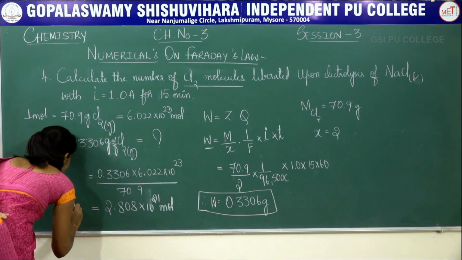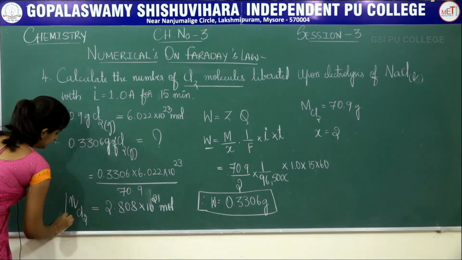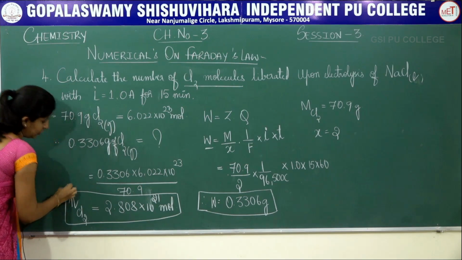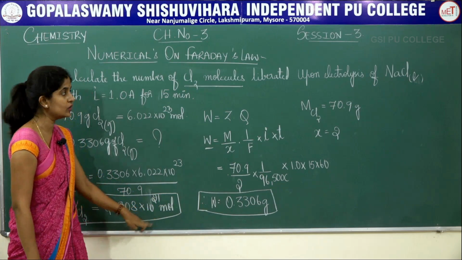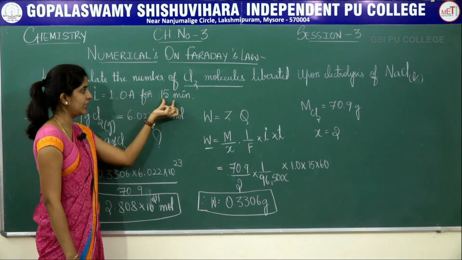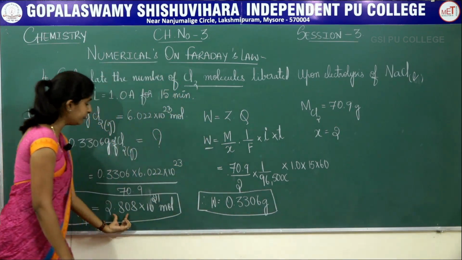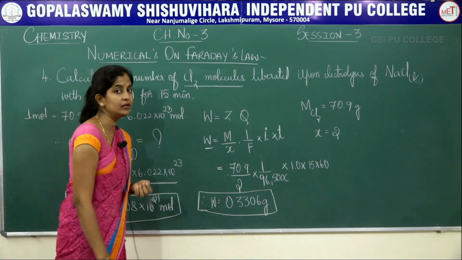So, this is your number of molecules of chlorine gas. 2.808 into 10 to the power of 21 molecules is liberated when you pass a current of 1 ampere for 15 minutes through your liquid NaCl.